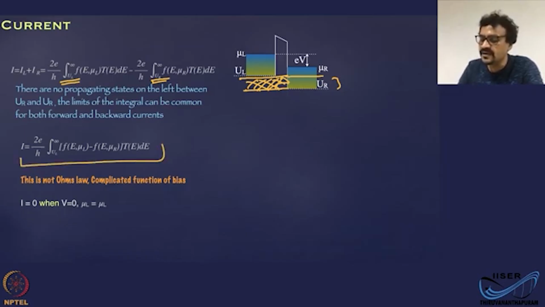So the total current is 2E by H, UL to infinity. One more assumption we have made is that the transmission coefficient is direction independent, so T(E) is the same whether you are going from right to left or left to right. When you factor all this in, the whole expression becomes 2E by H, integral from UL through infinity, of the difference of the Fermi functions f(E, mu L) and f(E, mu R), times the transmission coefficient, integrated over energy from UL to infinity.